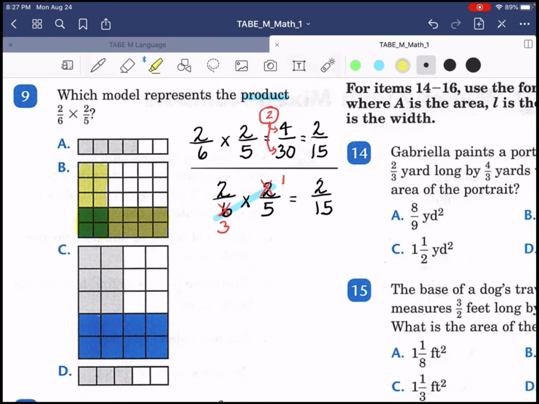So if you had to pick solely on that basis, I would go with B. The others are not divided into 30 equal squares. C is only divided into 5 by 20. So the 30 is the clue here. Those models are very common in middle school when children are learning to multiply fractions.